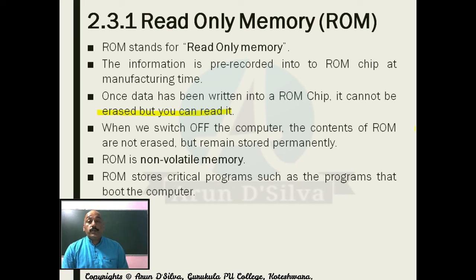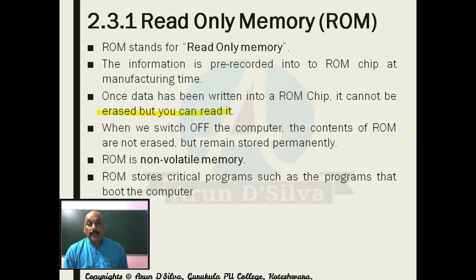ROM stores critical programs, such as the programs that boot the computer. When you switch on the computer and press the button, the ROM is activated first, and whatever instructions are stored in the ROM tell the system what to do.